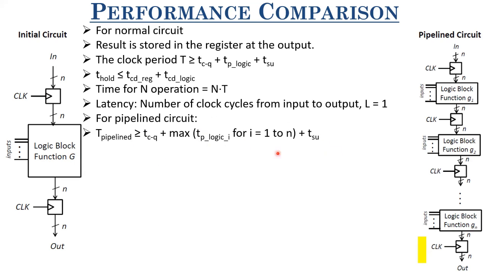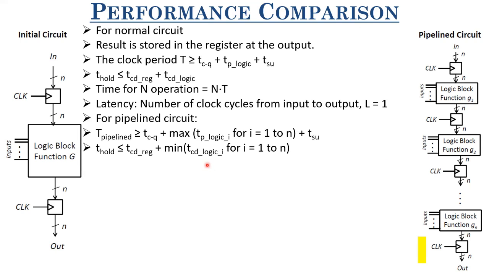So we are increasing the clock speed in the case of a pipeline circuit. What about T hold? Now T hold is tricky over here. Why? Because T hold is now less than the contamination delay of the register plus the minimum of the contamination delay of logic i. Since we have divided it into several blocks having smaller delay, even the contamination delay would be smaller.